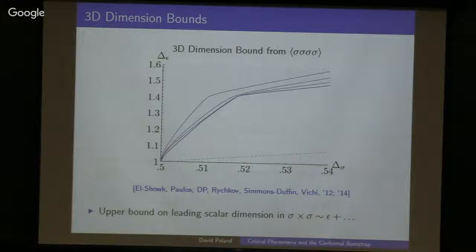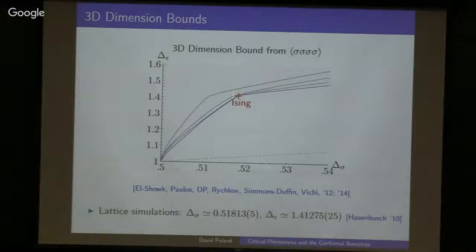Well, it turns out, and this really should come as a shock, that the 3D Ising model sits right in this kink. How do we know that? Well, there are fairly precise measurements of the scaling dimensions, or critical exponents, coming from lattice simulations, as well as measurements in experimental systems. These are some of the best numbers that have been determined from lattice simulations.